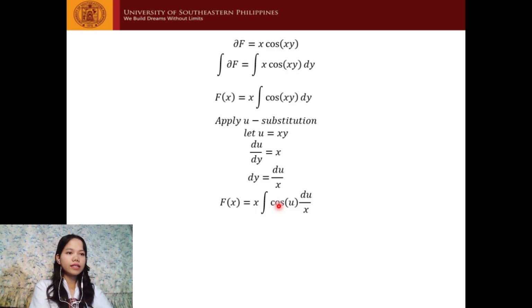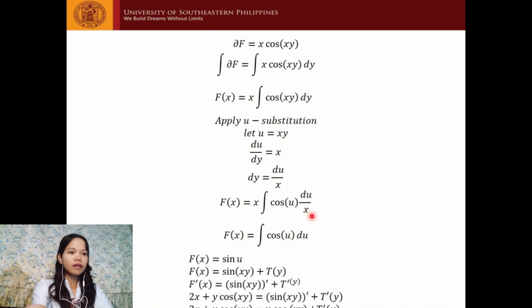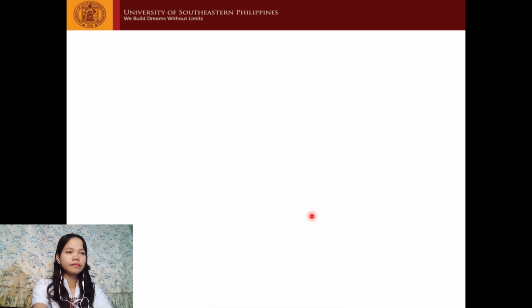The next thing we do is that f equals x multiplied by the integral of cosine of u du over x. So, x over x equals 1. Now, what we have is that f equals the integral of cosine of u du. And now, f is sine u, since the integral of cosine of u is sine u.